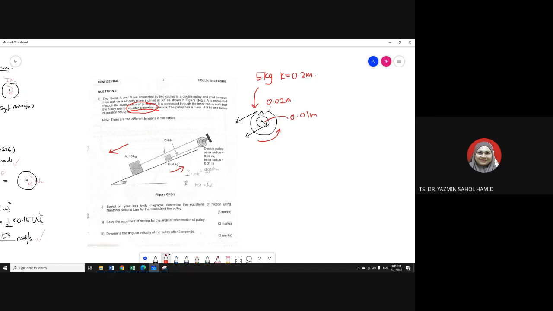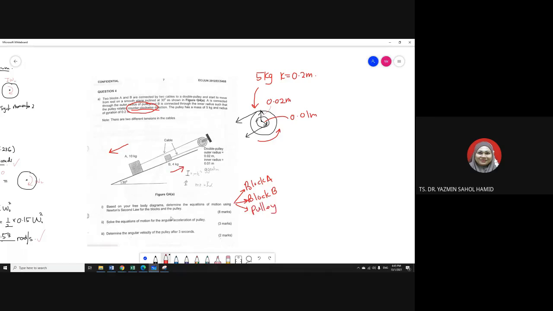Now for this question, let's read it. Based on your free body diagram, determine the equation of motion using Newton's second law for the blocks and pulley. Same as the previous question we discussed last Monday, you need to come up with three equations: one for block A, one for block B, and lastly one for the pulley.